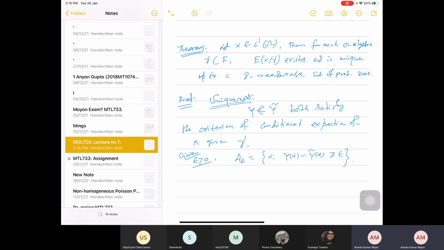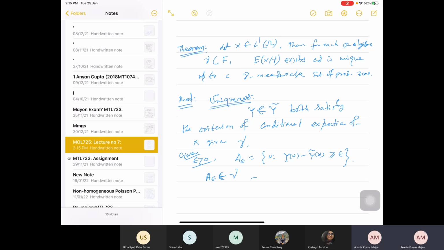Now y is nu measurable and y tilde is also nu measurable, hence this A epsilon is in nu. Nu is a sigma algebra, so A epsilon is an event there.